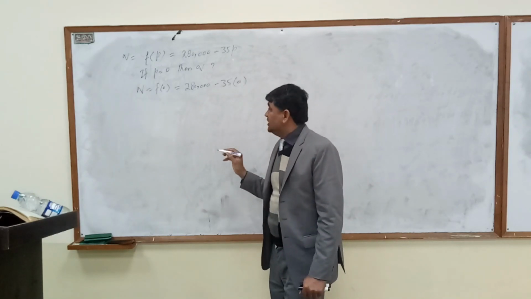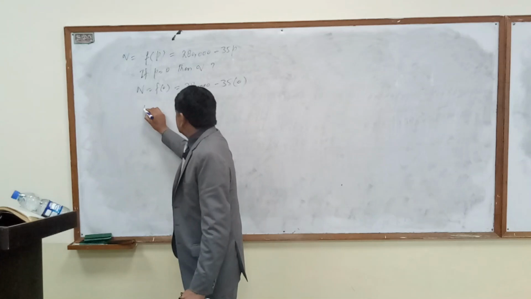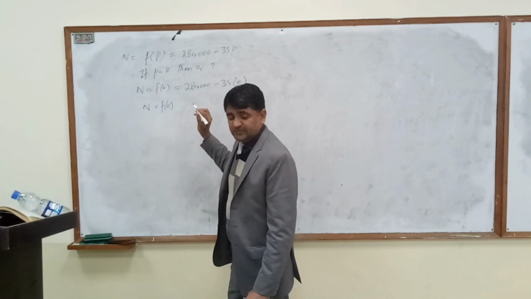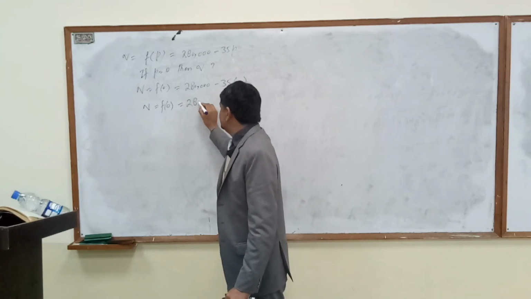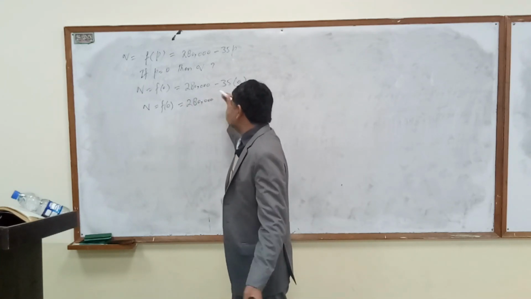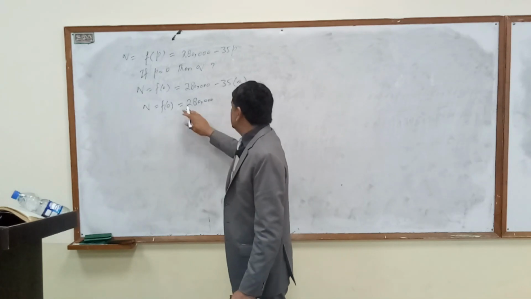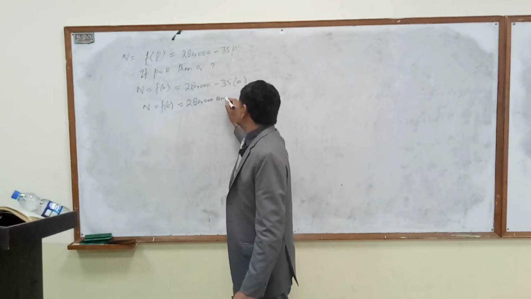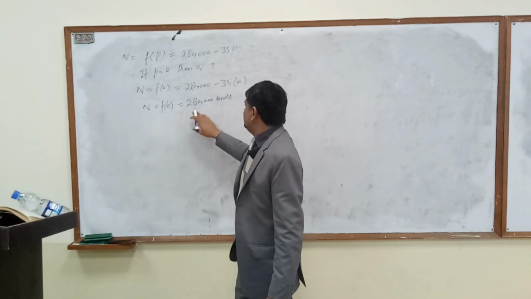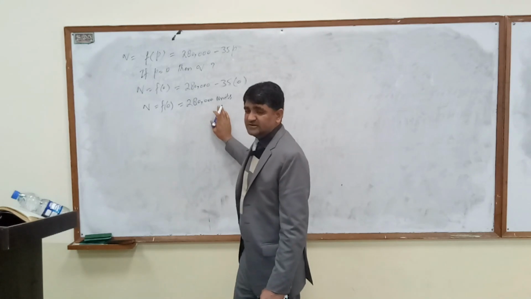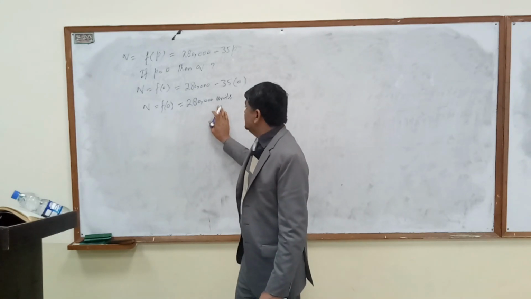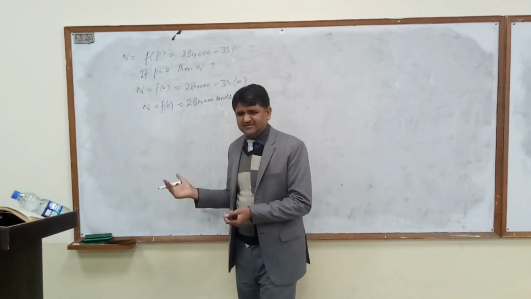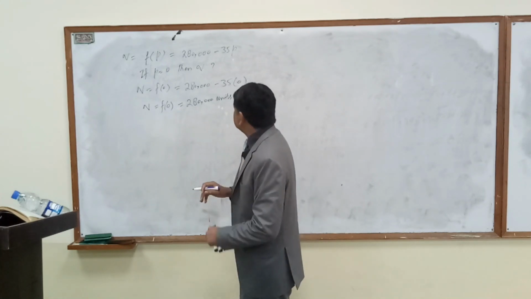So when price is equal to 0, the quantity demand, the number of units that can be demanded, is equal to 280,000 units. And why are we writing units here? Because it's quantity demand. If we are talking about price, then we will be writing dollar, or whatever the unit is, with respect to price.